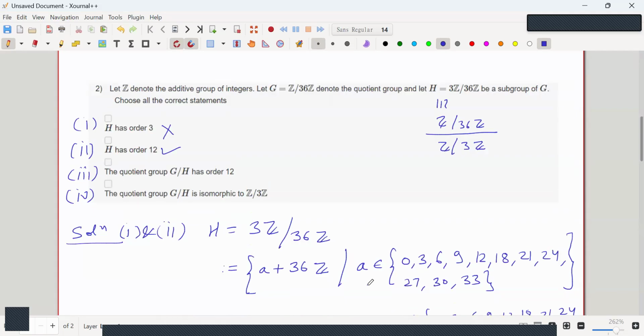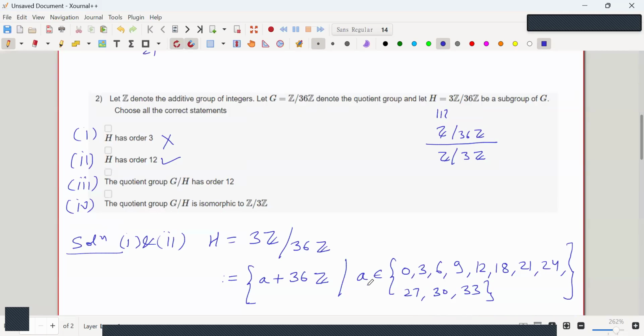The third theorem of isomorphism says that G mod H modulo K mod H is isomorphic to G mod K, if H is a normal subgroup of K. Something like that is there. So you can just check. But somehow you need to come up with the proof that this group is isomorphic to this group. If that theorem helps you, then it's good. Otherwise, you need to prove it on your own.